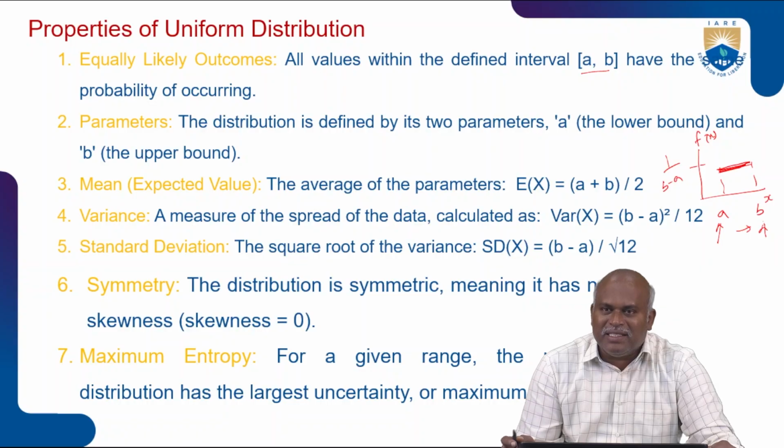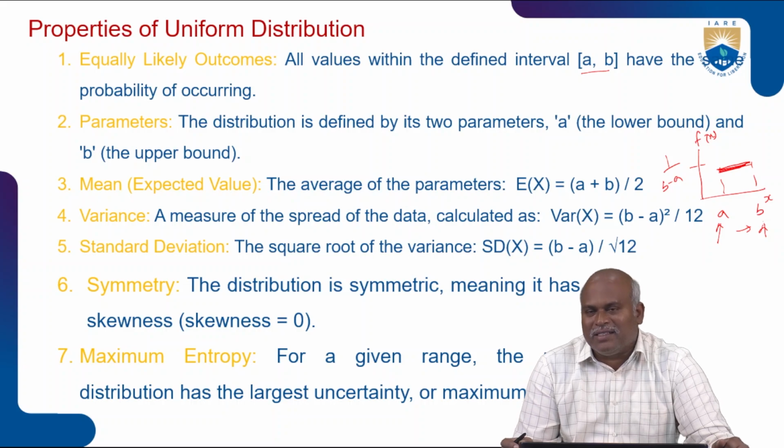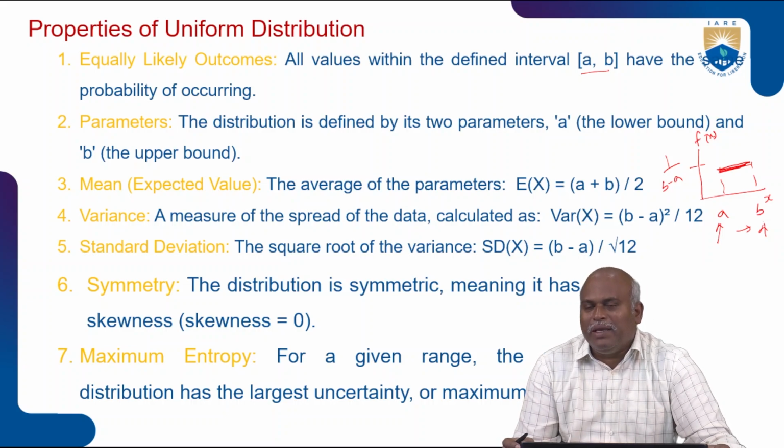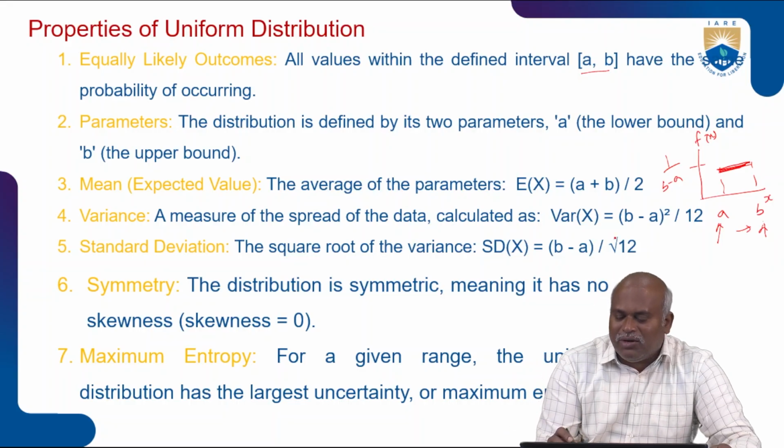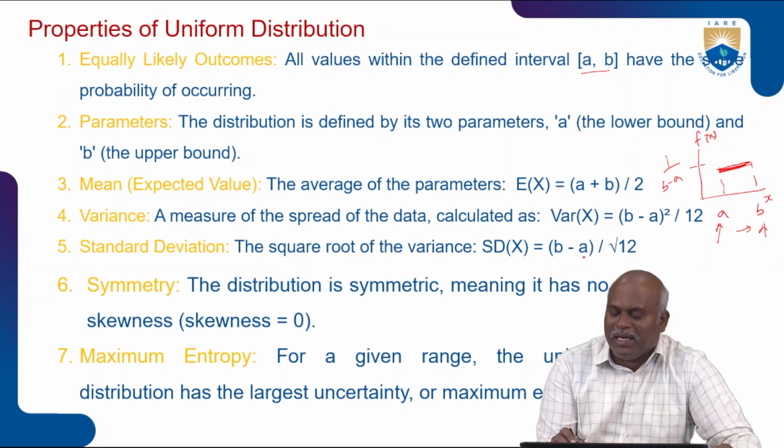So standard deviation, SD of capital X, is equal to the root of variance. The root of variance, if you take it, the square is going to be removed from the upper part, so it is (b minus a) divided by root of 12.